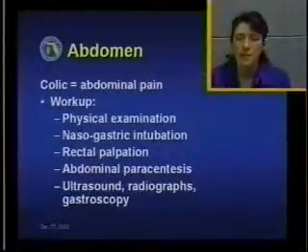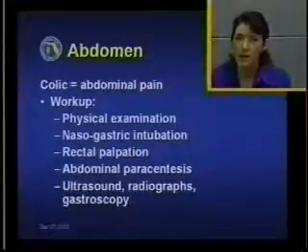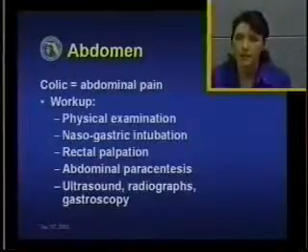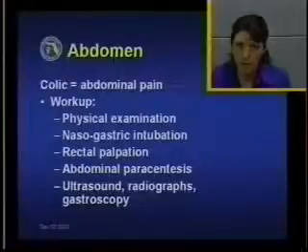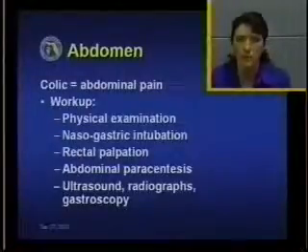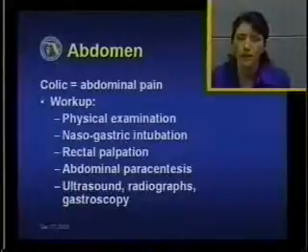Abdominal paracentesis will allow you to collect some fluid that is bathing the abdominal organs, the peritoneal fluid, and changes in this fluid will actually reflect changes within the intestinal tract. Other types of diagnostics that we perform on horses with colic include ultrasound.